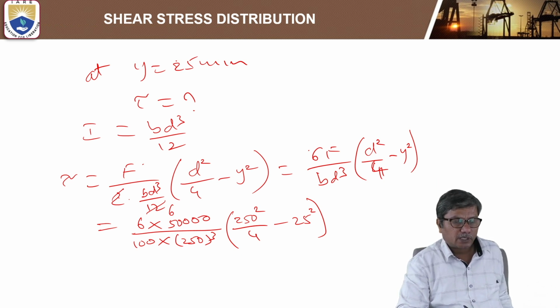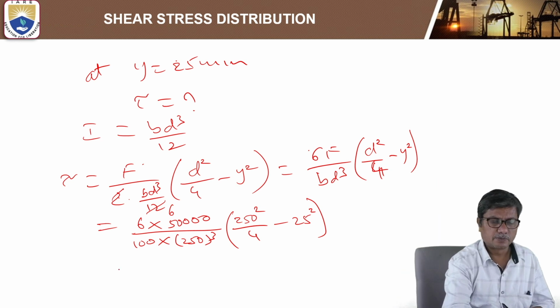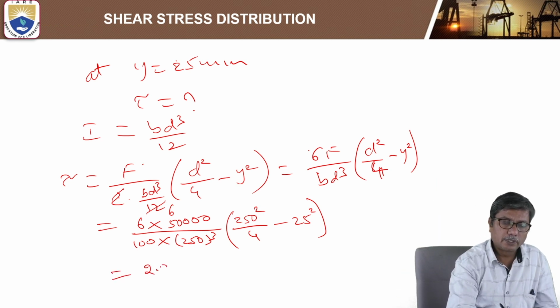By calculating this, it comes out to be 2.88 Newton per mm square.